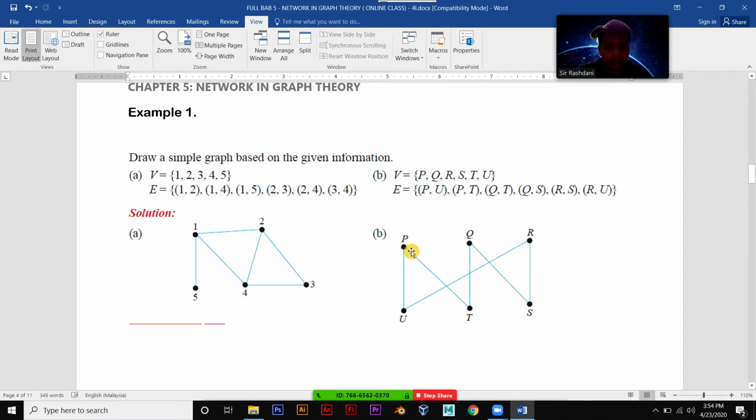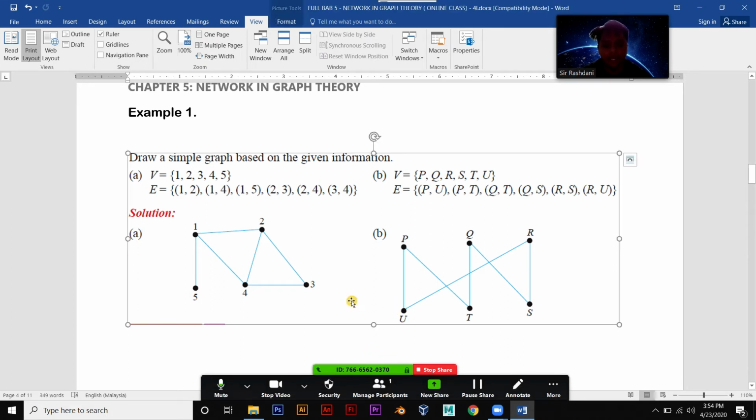So you state the dots P, Q, R, S, T, U. After that, you link them by the edges given in the question. So PU, you just link PU. PT, you just link PT, something like that. Until RU. RU is here. Just link. Network is a link. Okay, next.